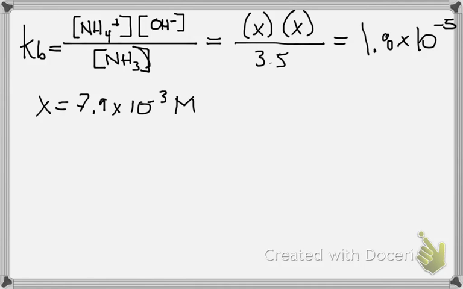And that would be our molarity. So X is 7.9 times 10 to the negative third. And since the X value, we've already seen up here, the X is going to be the concentration of the NH4 and the concentration of the hydroxide. So that means that this value right here would be equal to our concentration of hydroxide, the OH minus.